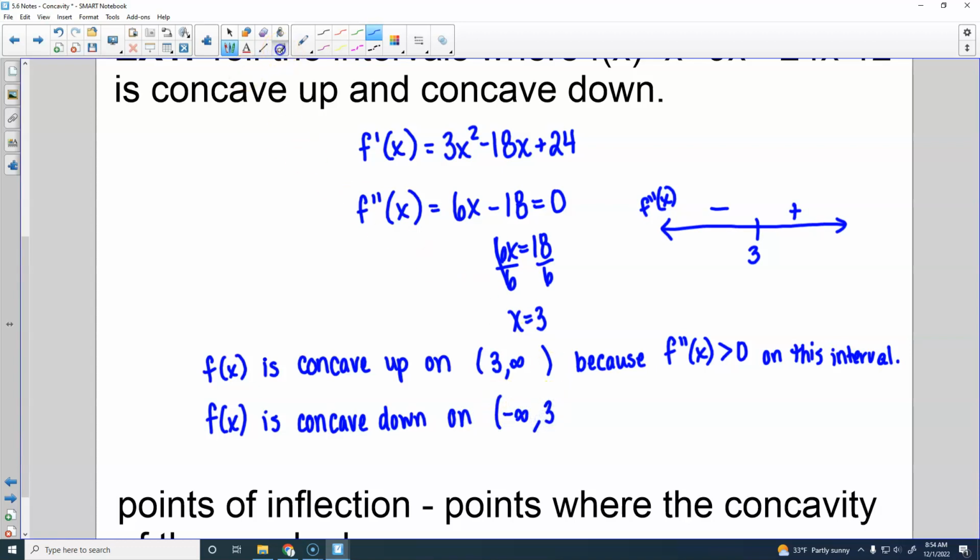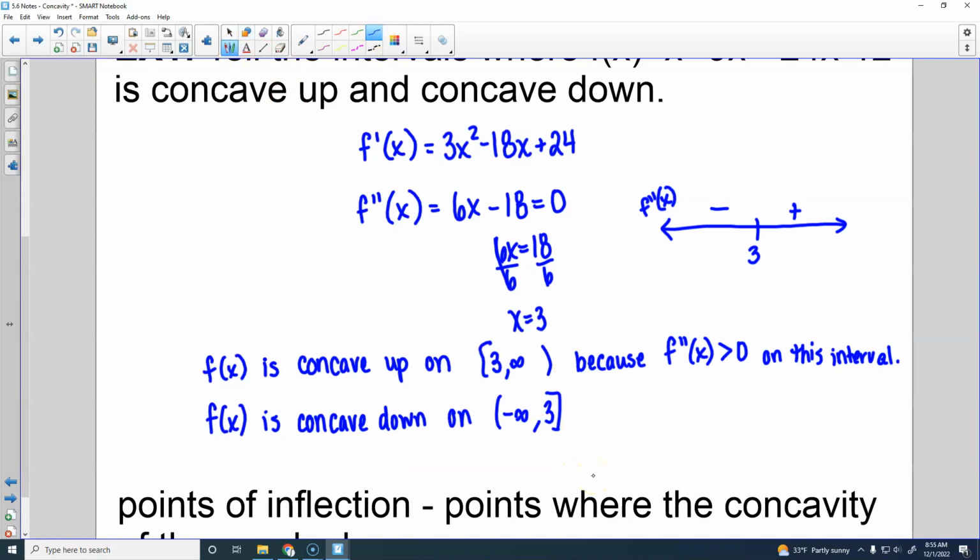Actually, I think they use brackets. I could be wrong about that. I need to go look on that. I know on increasing, decreasing. I need to look on concavity and see.